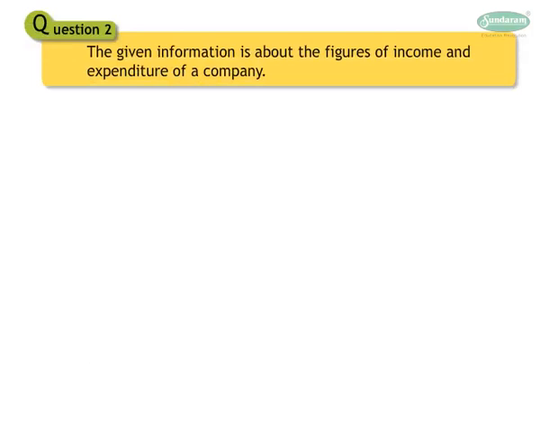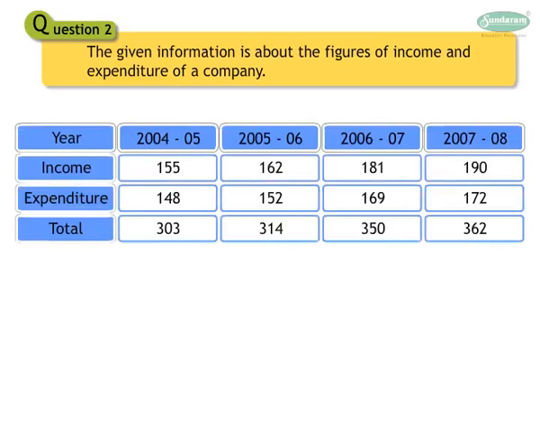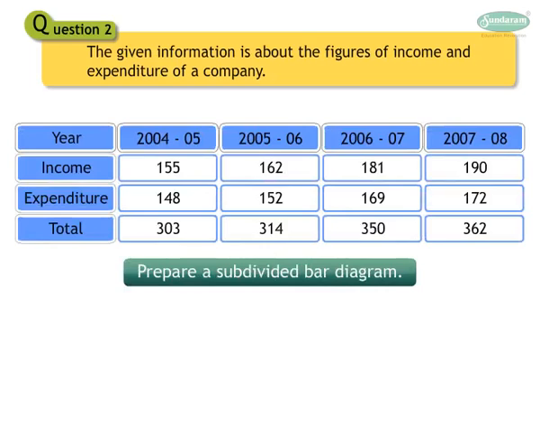Question 2. The given information is about the figures of income and expenditure of a company. We are asked to prepare a subdivided bar diagram. To draw a subdivided bar diagram, first we add income and expenditure of a company.